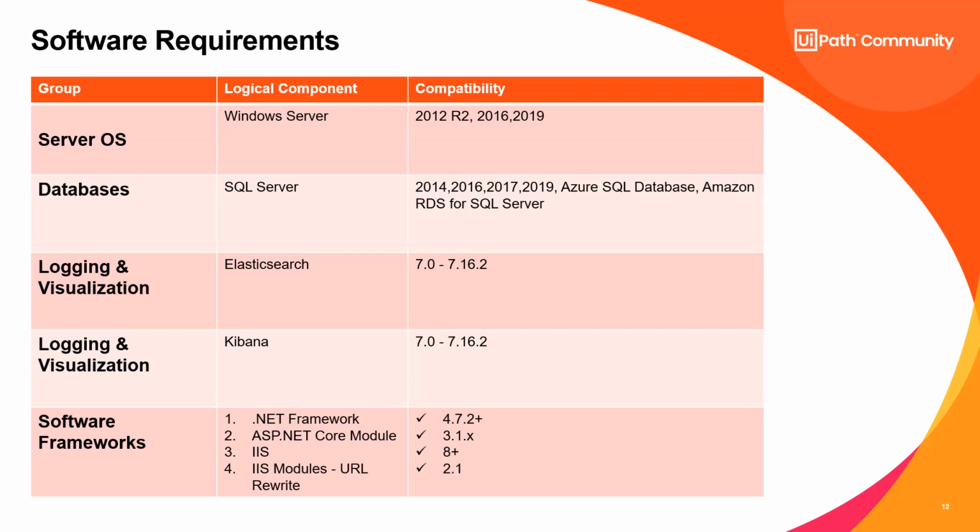Because logging and visualization is an optional component, let's put that aside for now. So we need a server OS, which is a Windows server, and we need a database from the list on the deck. And then we need a software framework, which is nothing but software that has to be set up on the Windows server for our installation to go well.